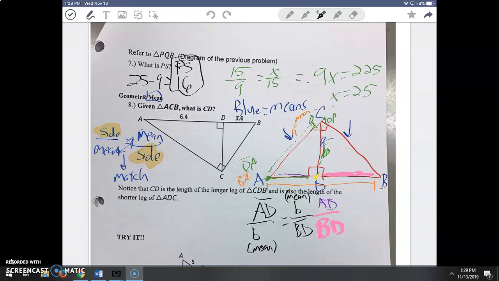And then to figure out something, you would just cross multiply. Okay, write that down, pause this, because I'm about to erase and do it again on the last one. So now we start back at the top and we go down the right side.